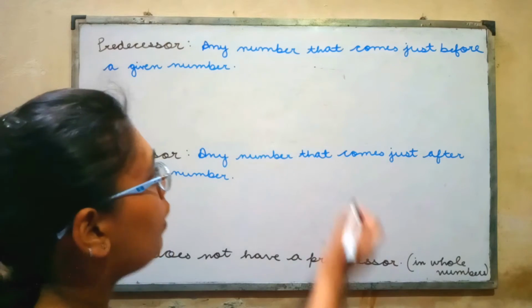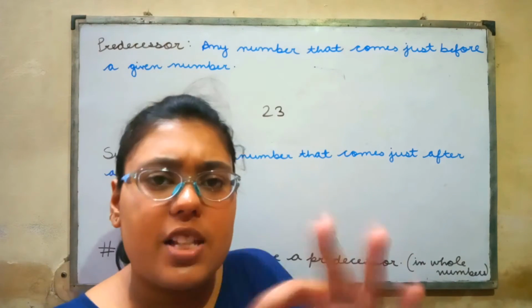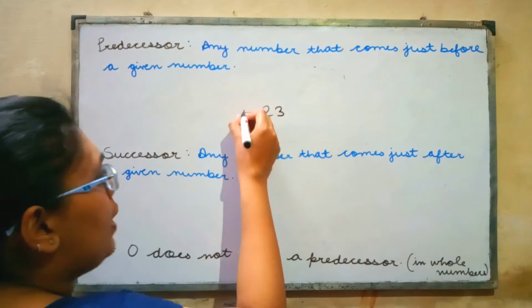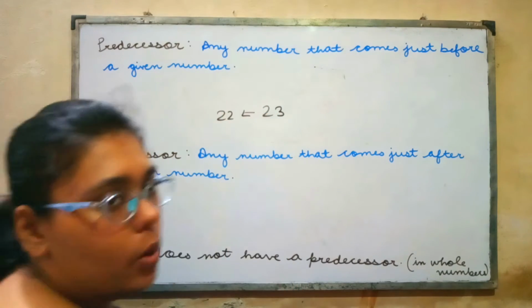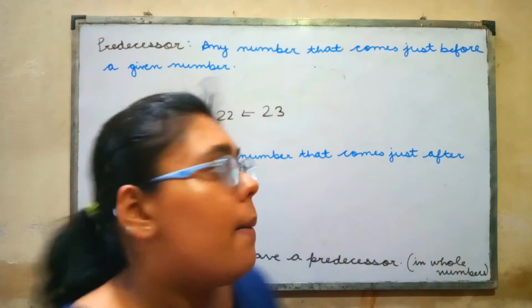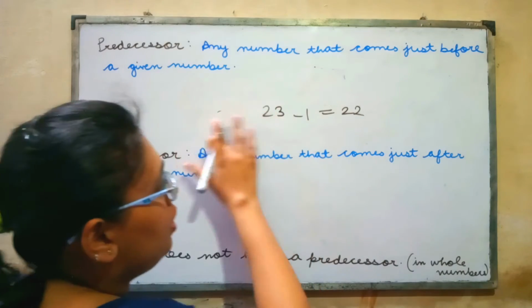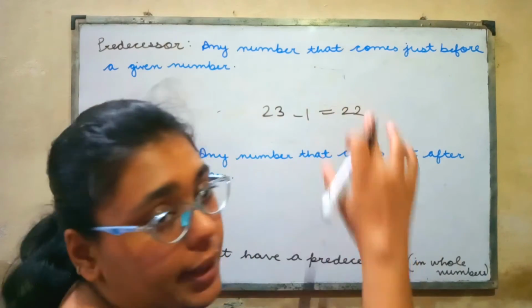That means if you are given a number 23, so what will come just before this? 22. Okay? This means that predecessor is a number minus 1. That means if you subtract 1 from 23, then you will get 22.